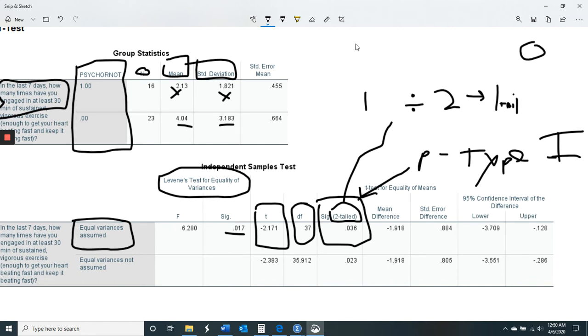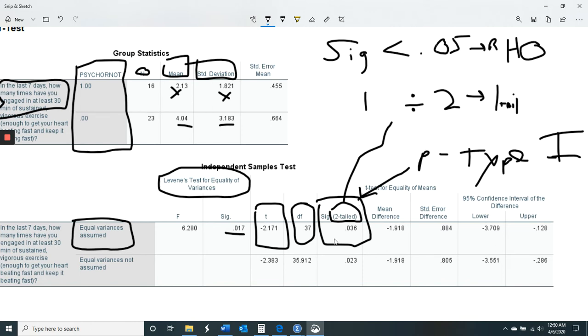So if the sig, and we're talking about the one-tailed sig in this case, is less than 0.05, we reject the H0.